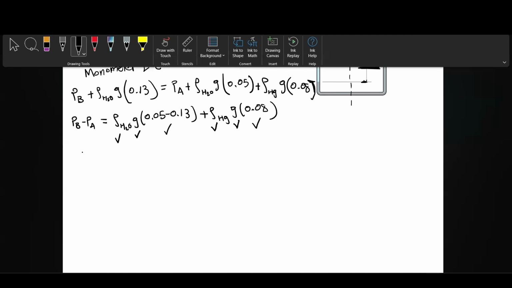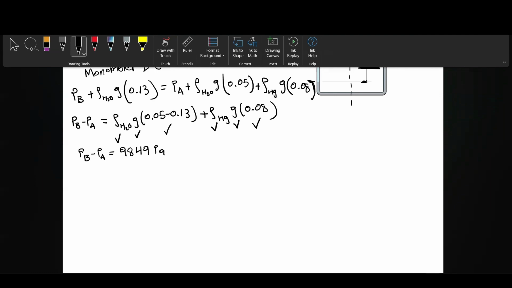So if we work this out, PB minus PA should be around, and if you get a different number, you know, this is just what I have from an earlier session. So it's about 9,849 pascals. Get a little more, a little less, that's fine.